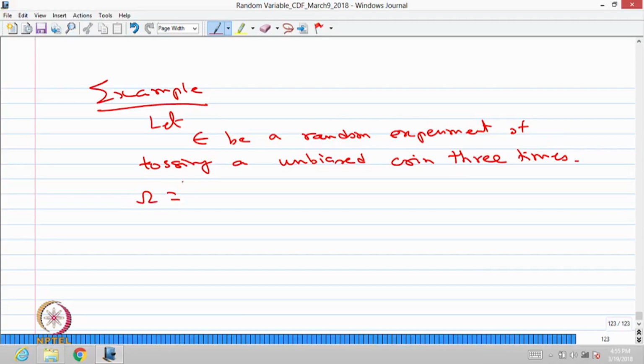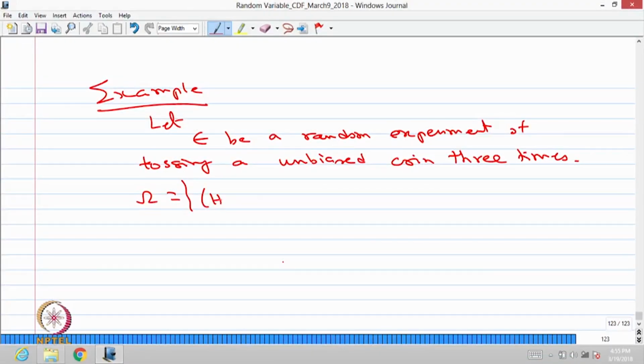Therefore, the omega is going to be the collection of all possible outcomes. I use the notation H for getting head, T for tail.